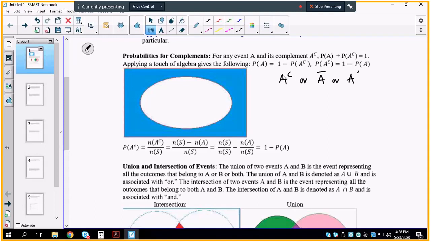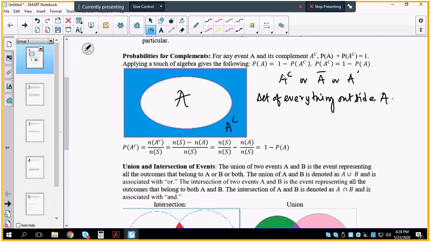It means the set of everything outside A. So if you look at the picture, if A is the set described by this oval diagram, then everything outside the blue shade of this oval diagram is the complement.